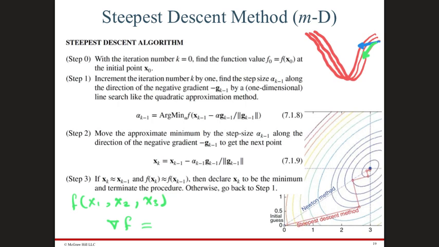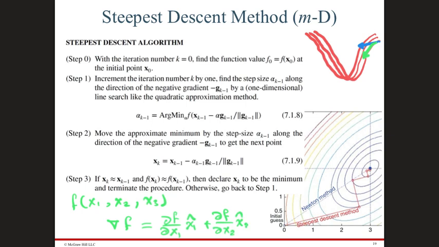So the gradient, first of all, is a vector or a scalar quantity? Vector quantity, right? It is represented as you take the derivative of the function with respect to x1, and this as a vector is in the direction of x1 hat, plus the derivative of the function with respect to x2, in the direction of x2 hat.